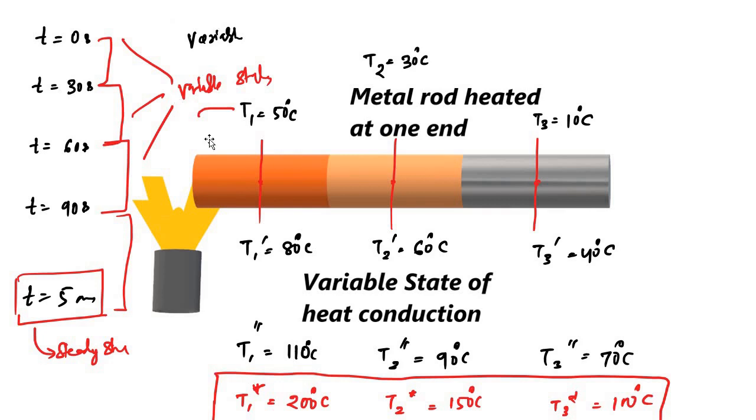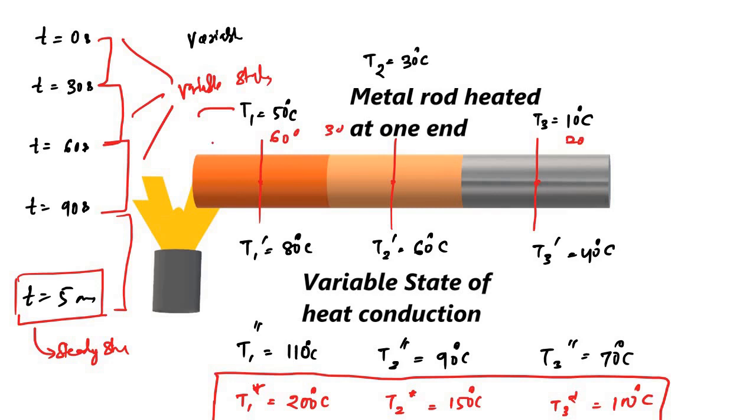In any intermediate case, it can be like this: the temperature will reach 60 and it will be still at 30, so the temperature difference will be 30, and here let's say it is 20. So like that, the temperature difference will fluctuate in the variable state.